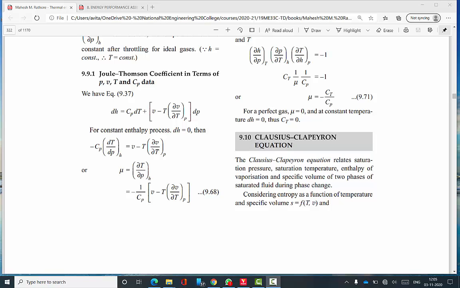Okay. Before that, we must know some concepts. These are some coefficients.